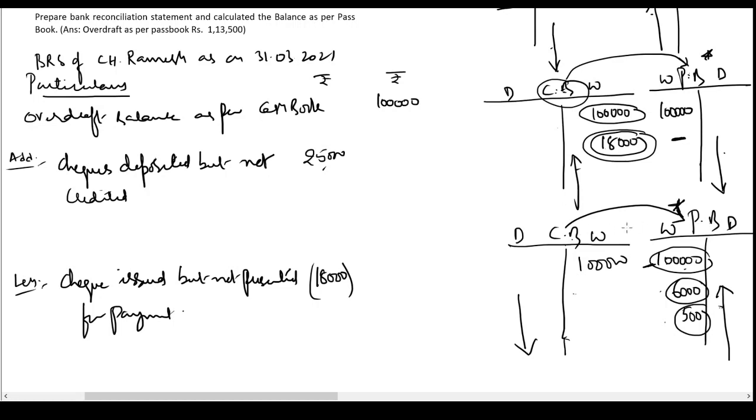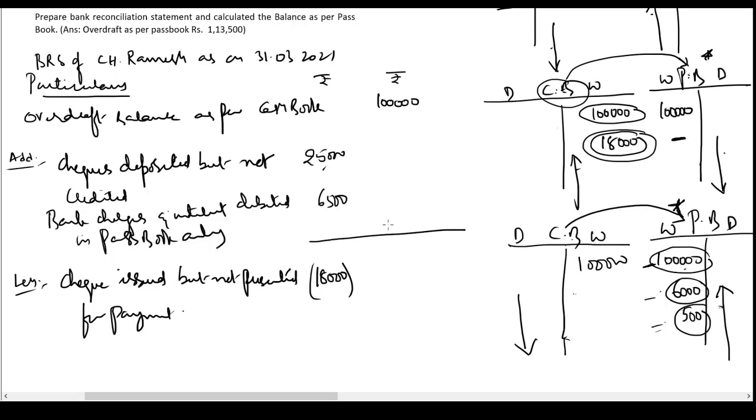Cash book should be increased by these two amounts so that both the books will become equal. So I'll write here bank charges and interest debited in passbook only.